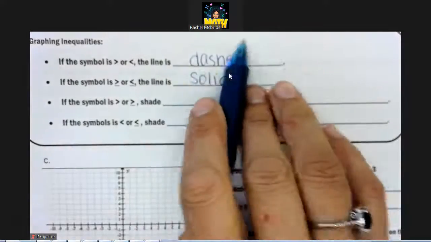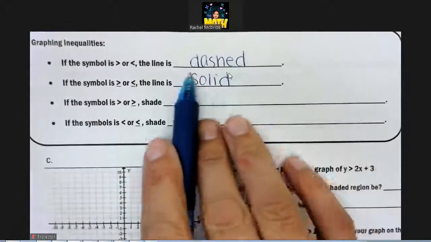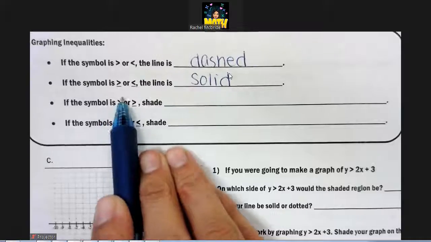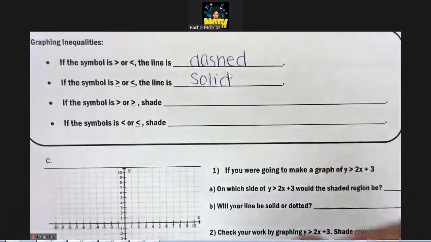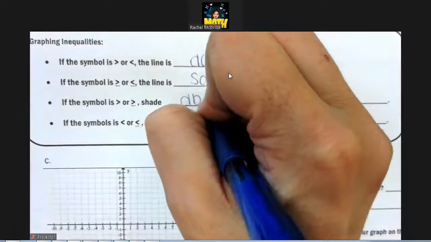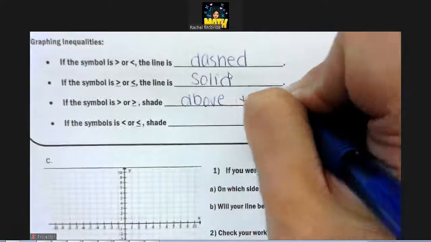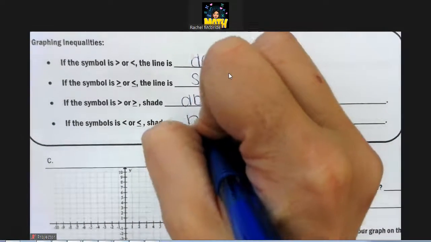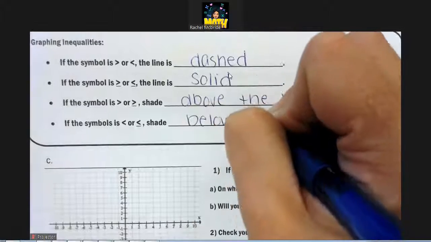So points on the line are true. If the symbol is greater than or equal to, then you shade above the line. If it's less than or equal to, you shade below the line.